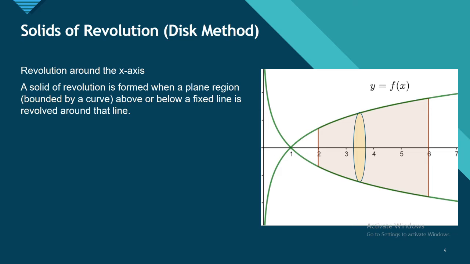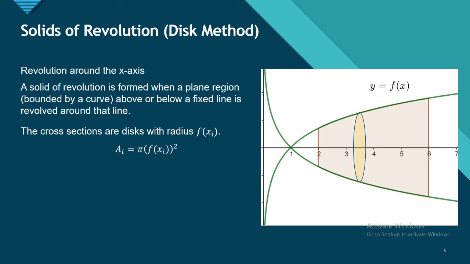And how shall we get the volume of that solid of revolution? If you revolve that plane region around the horizontal axis, it will trace a solid whose cross sections are disks, with a radius that is equal to f of x sub i.